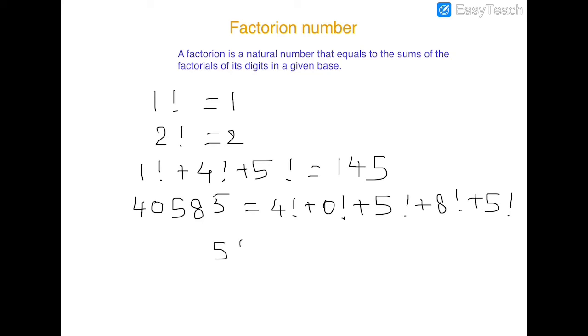For example, 5 factorial means 5 into 4 into 3 into 2 into 1, so that becomes 120. Like that we will do factorials. After doing that, if we add them and get the same number, such a number is called a factorial number. So that should be equal to the sum of the factorials of its digits.